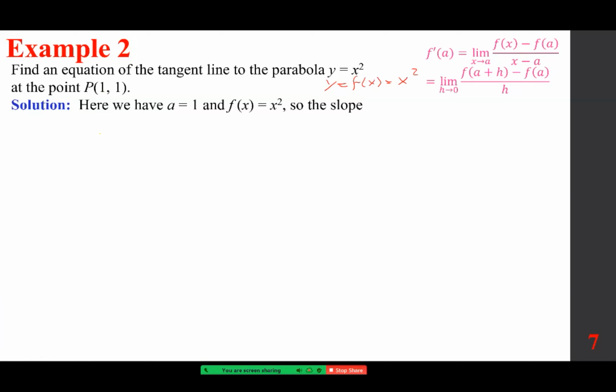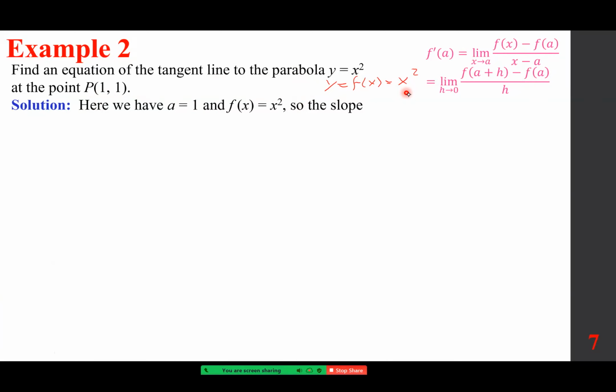So for example, when x is 1, y is 1 squared or 1. But if x is 5, then the answer is 25. The point being, all we need is the x coordinate.